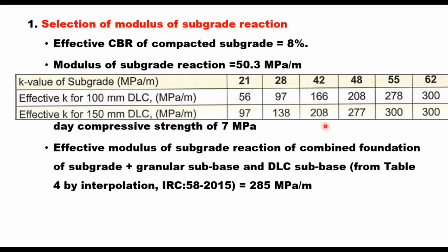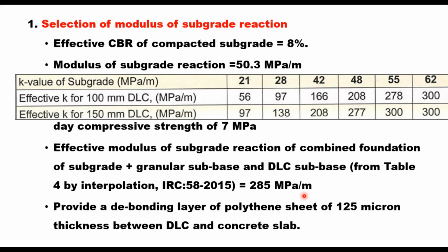This is also given in IRC 58. For 150 mm DLC and for subgrade of 50.3 MPa per meter, if you interpolate these values, it will be 285 megapascal per meter. That is the final K value for your design. And let us provide a debonding layer of polythene sheet of 125 micron thickness between DLC and concrete slab.